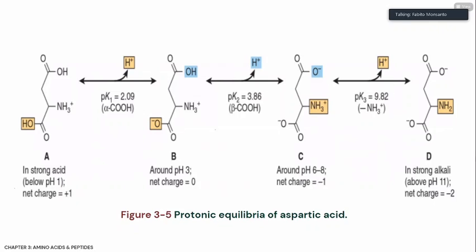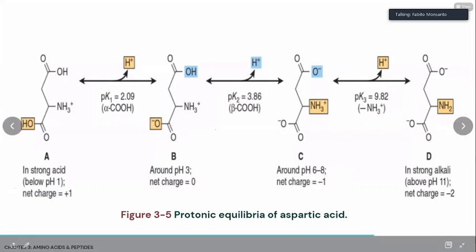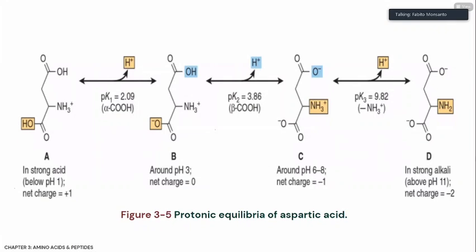Okay? Now, what is the physiologic pH? What is the normal pH? 7.4. Okay? 7.4.